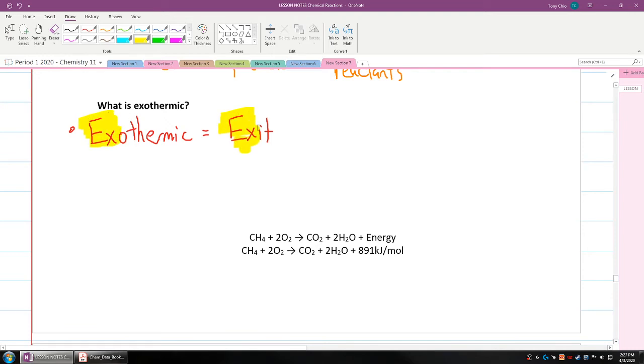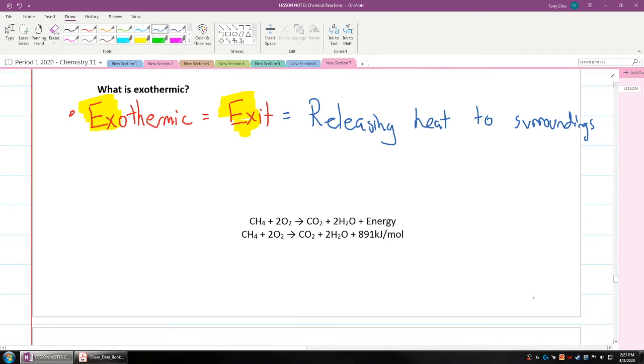It's exo, exit. And what that means is you are releasing heat to surroundings. So it releases heat from the system, whatever you're studying, to the surroundings, and thus, because of that, your surroundings gets hot.